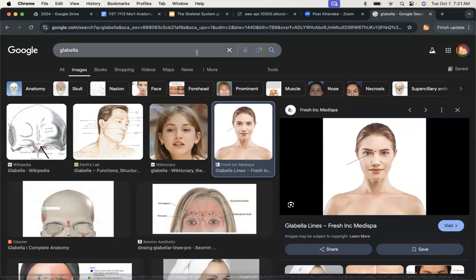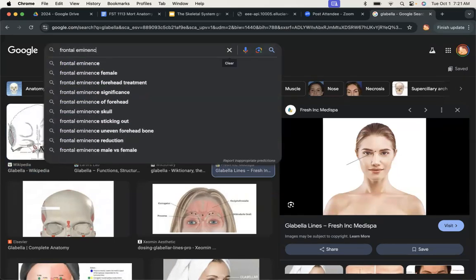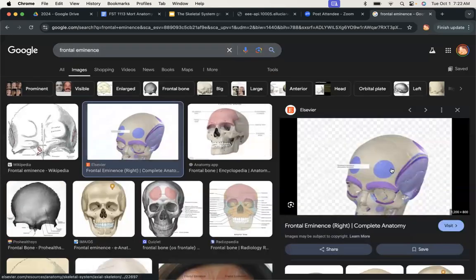Frontal eminence, the rounded parts of the frontal bone. There's two. You can also feel these as well.